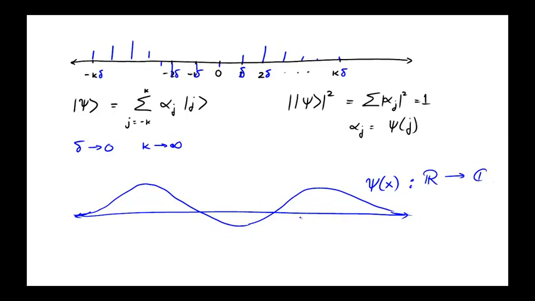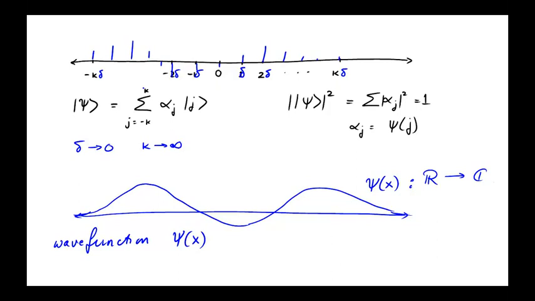Okay, so instead of this superposition, now what we have is what's called a wave function, psi of x. It plays exactly the same role as this vector psi, except now it's continuous. It's not just a 2k plus 1 dimensional complex vector.